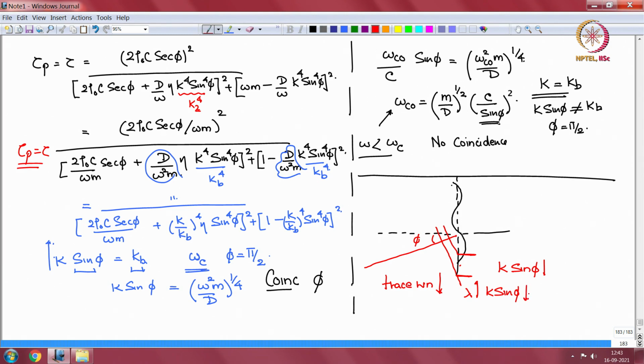Now that has to match your free wave number, and therefore, for a fixed angle, the frequency has to go up so that you can actually match the free wave number.